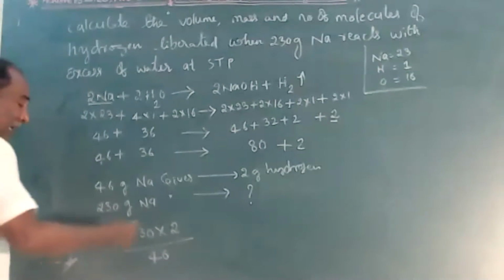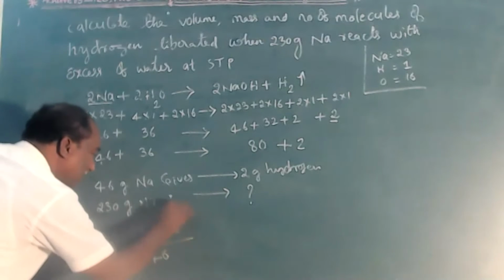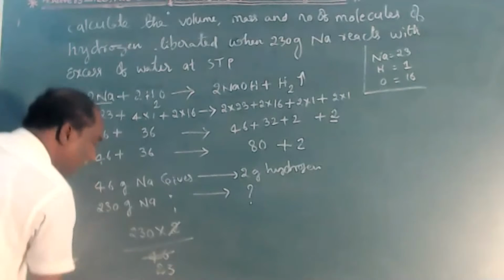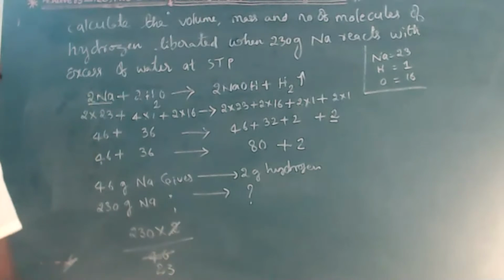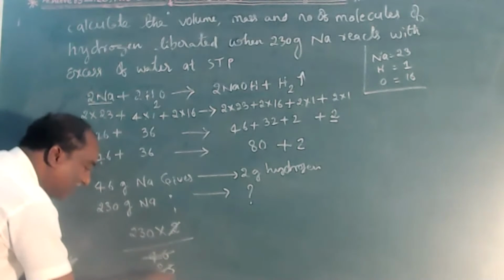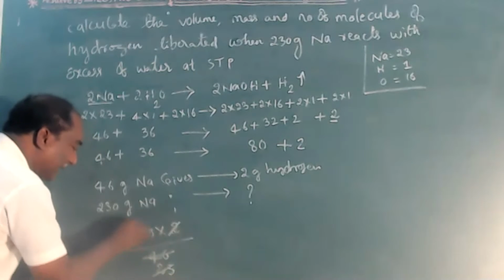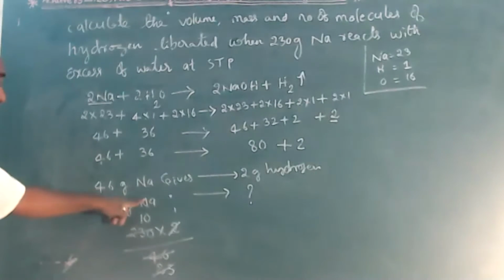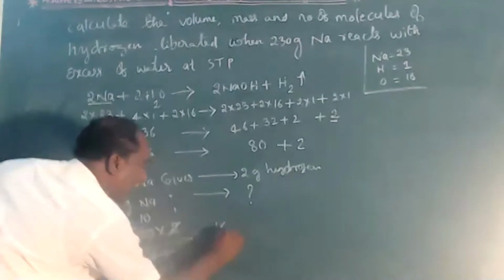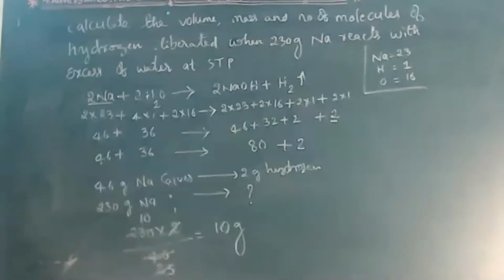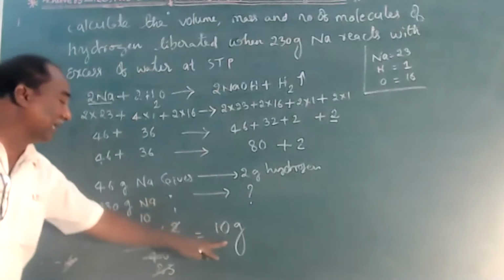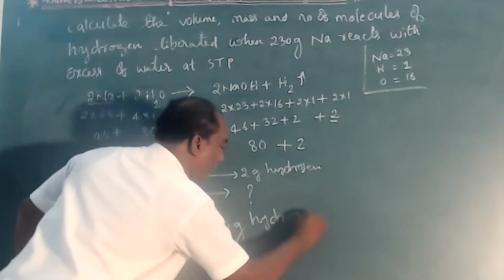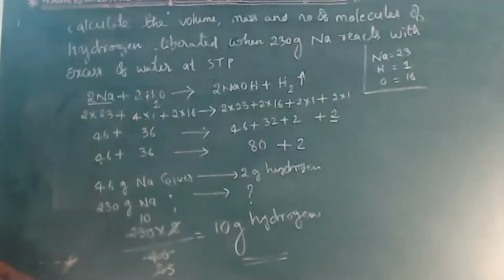Directly we can do it here: 2 ones are 2, 23 10s are 230. So 230 grams of sodium liberates 10 grams of hydrogen, children. This is the mass and mass relationship.